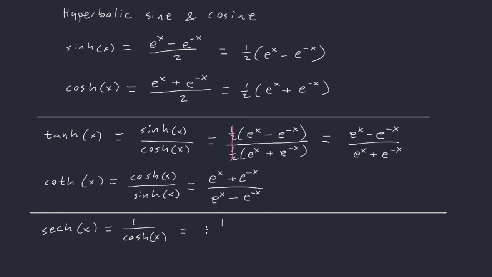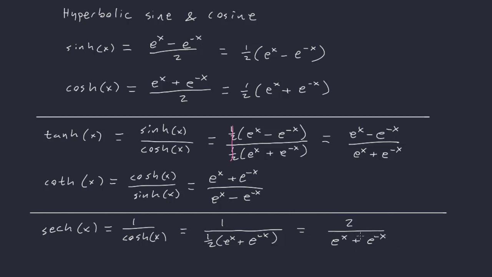Okay, so that's 1 over, let me try that again. It's 1 over 1/2 times e to the x, for cosh, it's plus e to the negative x. Now, since we're dividing by the 1/2, we can flip that over to the top and get 2 over e to the x plus e to the negative x.